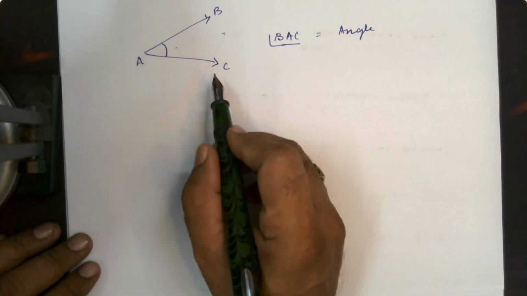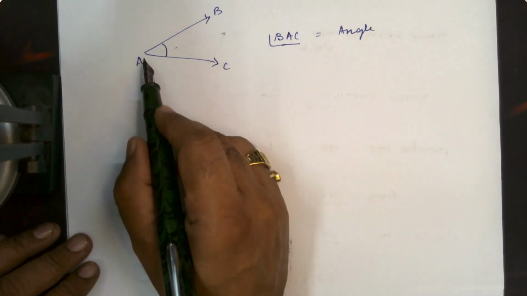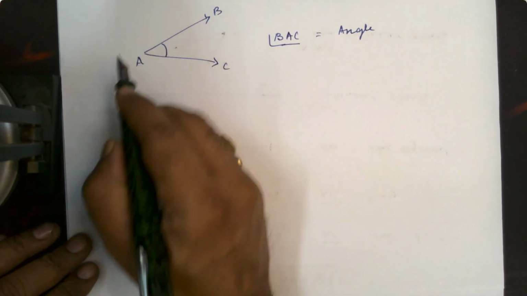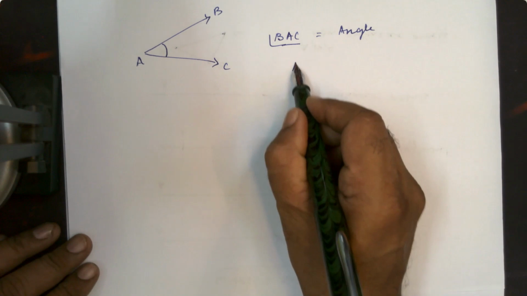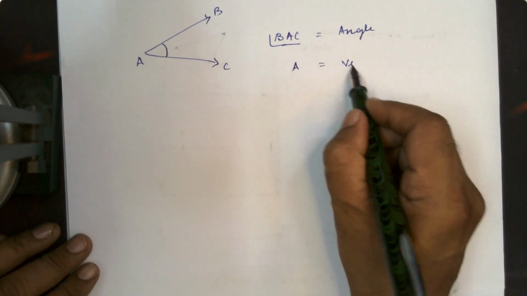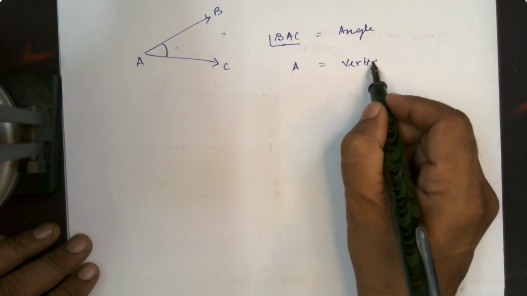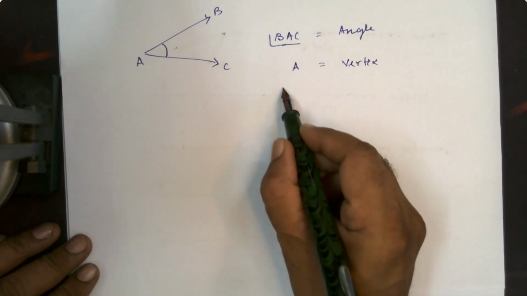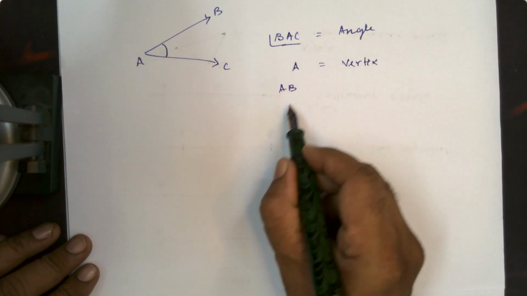Which is the end point here? A is the common point, and this can also be called the vertex of an angle. So A is the vertex. And what about AB and AC?